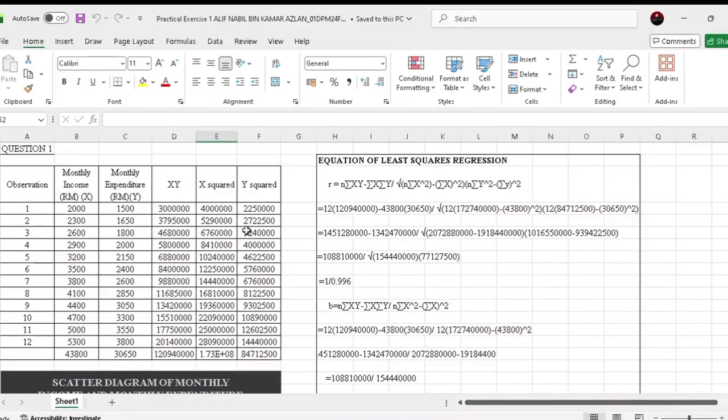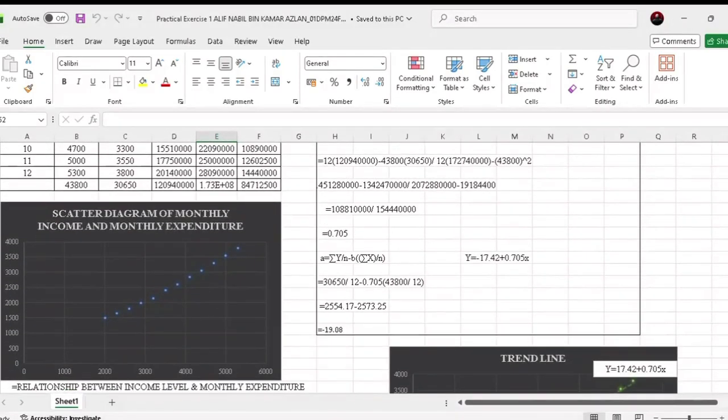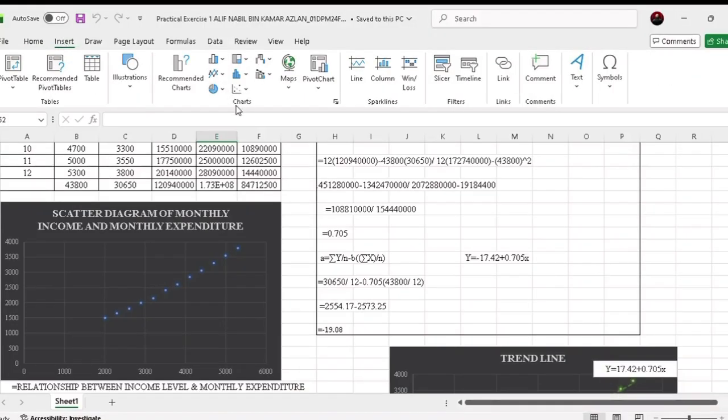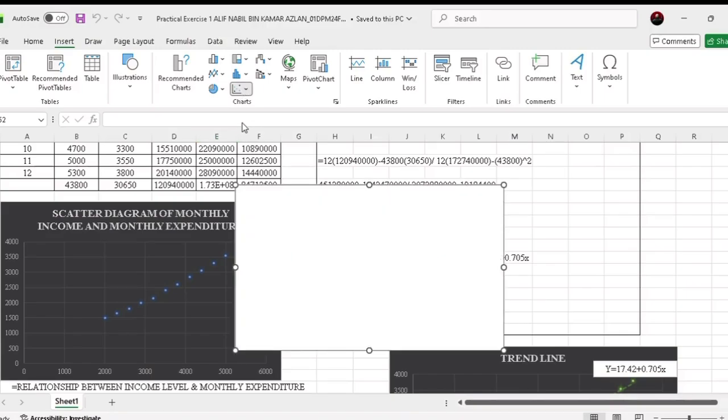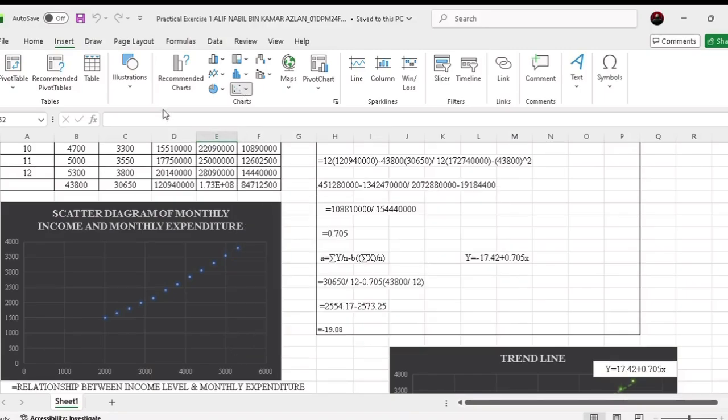After that, we can go to the next step by making the scatter diagram of monthly income and monthly expenditure. Just select the monthly income and monthly expenditure rows and columns, and then insert, go to the scatter diagram, and you just choose this.